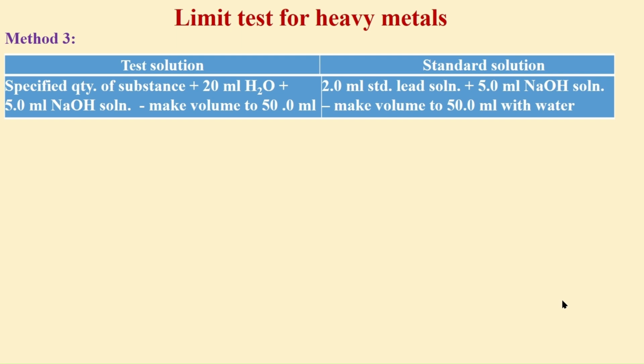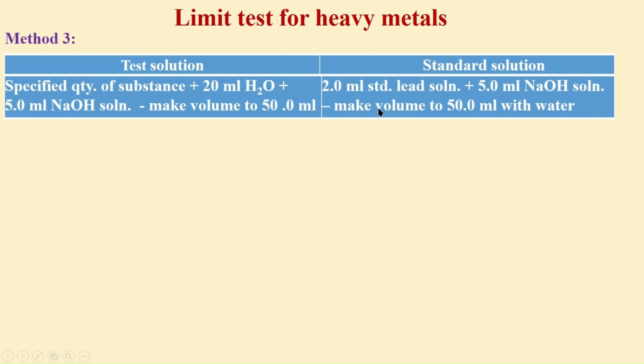We take the specified quantity of substance as prescribed by the Indian Pharmacopoeia and add 20 ml of water and 5 ml sodium hydroxide solution, and the volume is made up to 50 ml in the Nessler cylinder. For the standard solution, we take 2 ml of standard lead solution and 5 ml of sodium hydroxide solution, and the volume is made up to 50 ml in the Nessler cylinder with water.